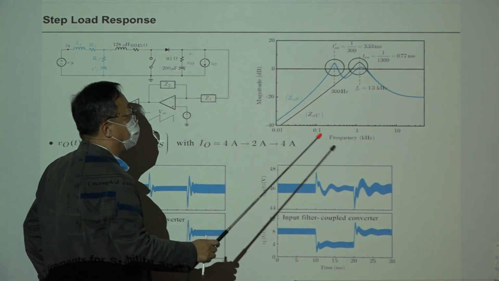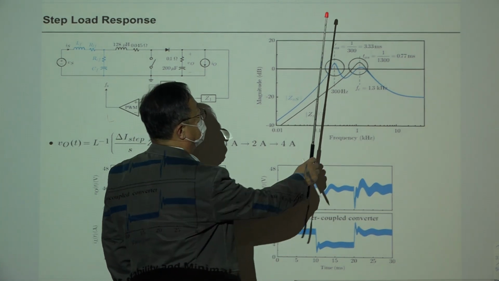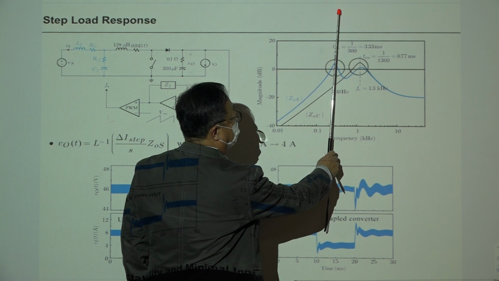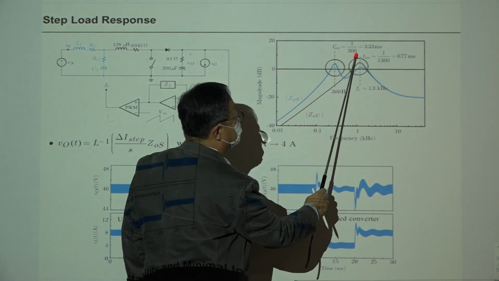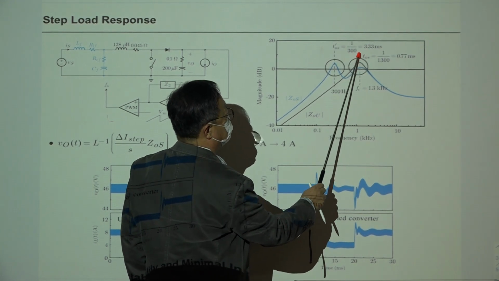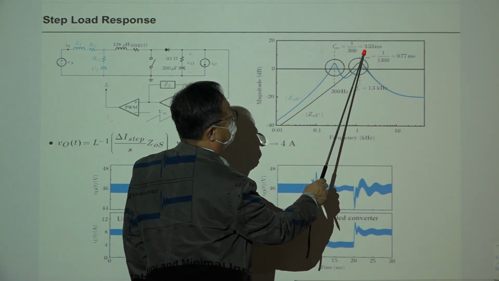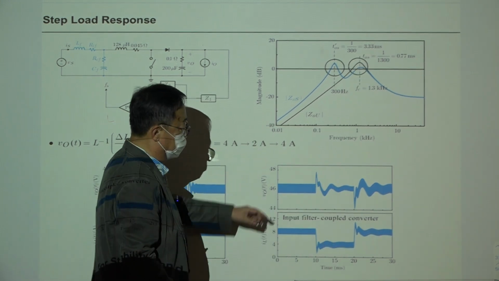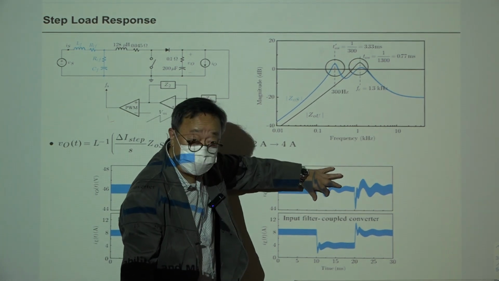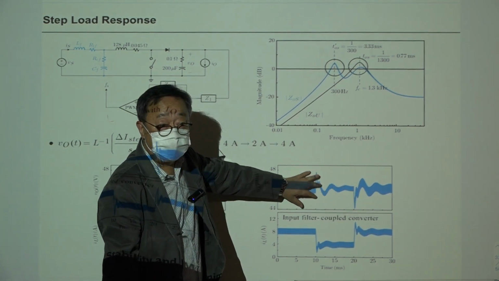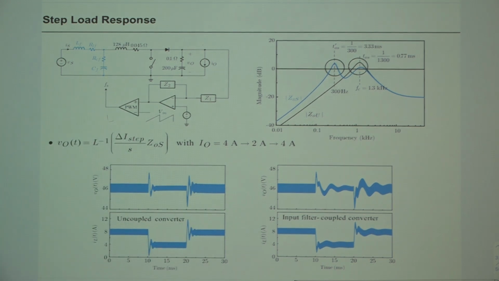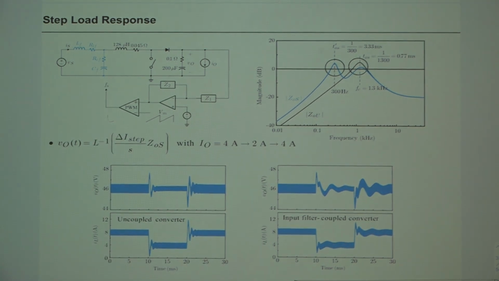And the frequency of oscillation is the same as this peak frequency. So this oscillation period is going to be 3.3 some milliseconds. So maybe this is the correct number. Okay, I didn't check accurately. Right? So it provides very useful information about the transient behavior of the converter.